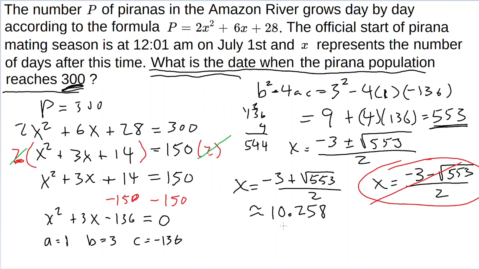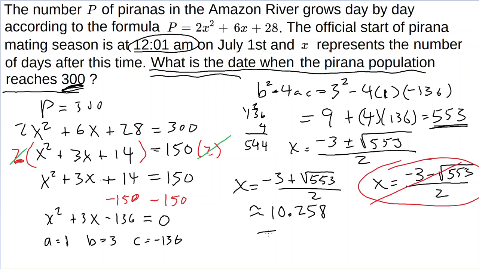Well, as we mentioned before, if x were an integer like 10, what would that mean? It'd mean that it's 12:01 a.m. on what day? On the 11th. So this time represents sometime on the 11th of July.